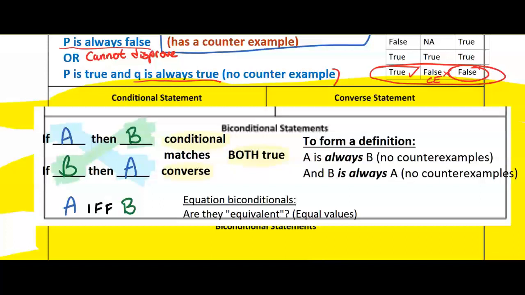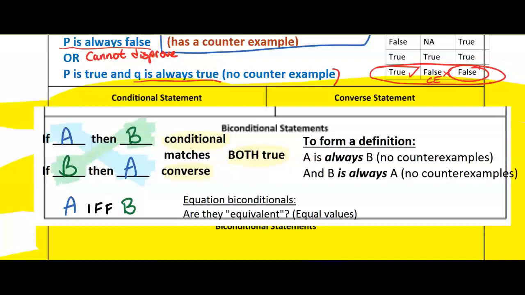Yes or no? Yeah, you can't think of a triangle that doesn't have three sides. Are all three-sided shapes triangles? Or let's say three-sided polygons, triangles. Could you make a three-sided polygon that's not a triangle? All three-sided shapes are triangles. You can't really make one that isn't a triangle. So that would be a good definition.